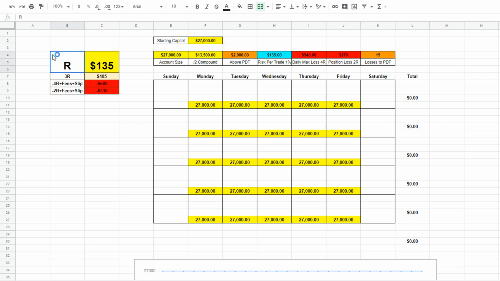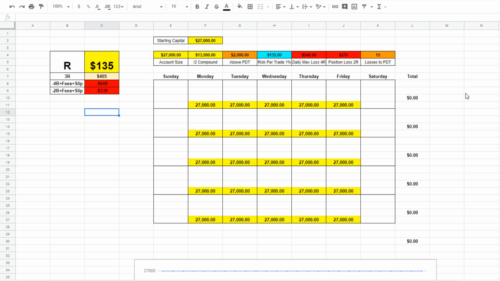And on the left hand side, you see the R. R, for those of you who don't know, represents risk per trade, and for me it's usually a percentage of the account.